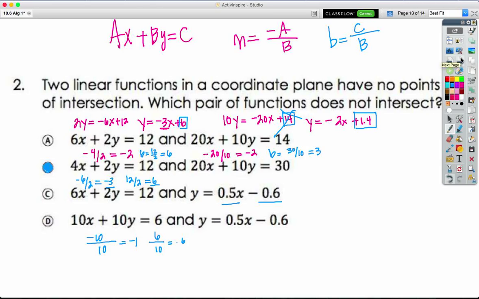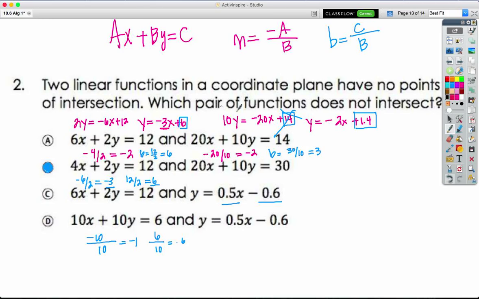So there's another particular relationship that I want to take a second to discuss from this example. We know that parallel lines have the same slope, and we have covered this a little bit in the past, but not very thoroughly.